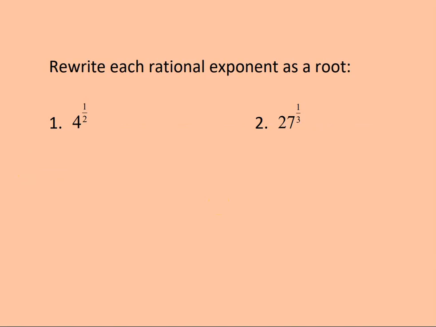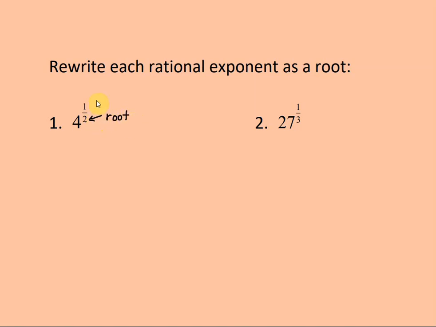So let's do that. We're going to rewrite each rational exponent as a root. In number 1, we have 4 to the 1/2 power. So to rewrite this as a root, always think of the fraction as the bottom number will be my root. Remember that roots grow on the bottom of things.